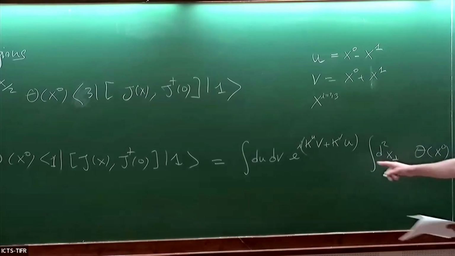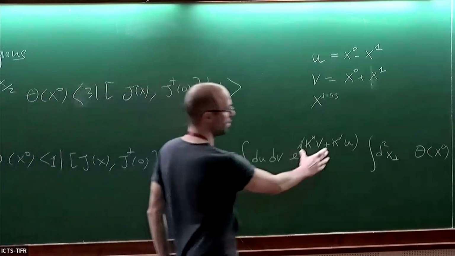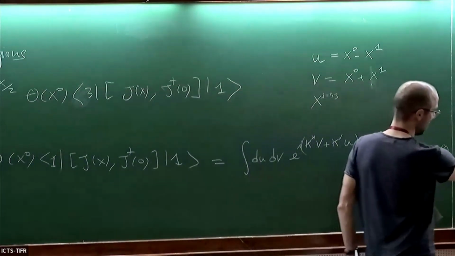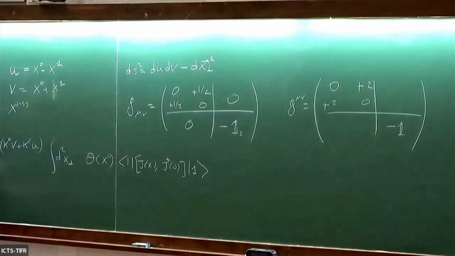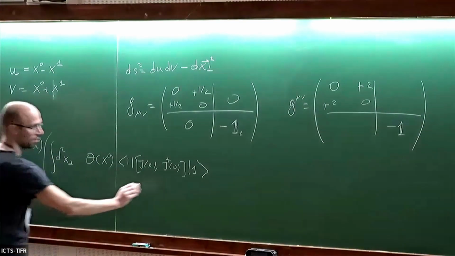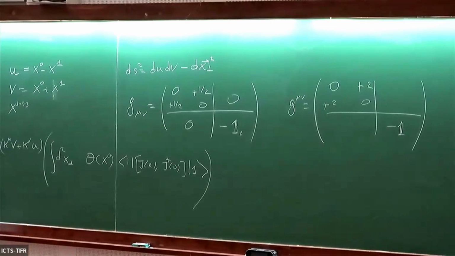I assume here that all momenta are along the x1 direction, so nothing shows up in the exponential. This part can depend on the transverse directions, so I'm pulling out part of the integration. This is going to be my new integrand, upon which I'm interested in looking at the action of this Fourier transform in these variables.